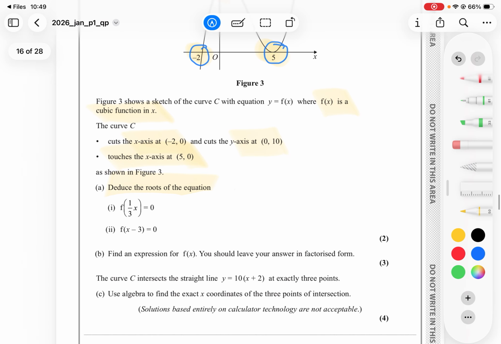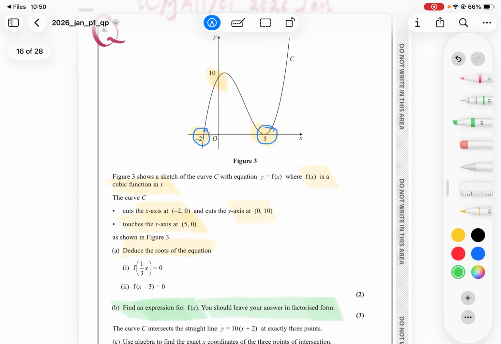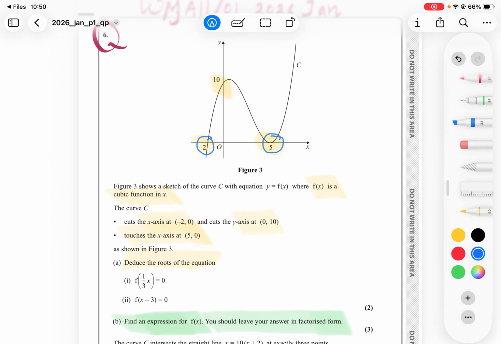Okay, now what they say is to find an expression for f(x). You should leave your answers in the factorized form. So let's first write the general equation. For f(x), since this is not known, we'll keep a constant k on top, and they are saying it cuts at this value.